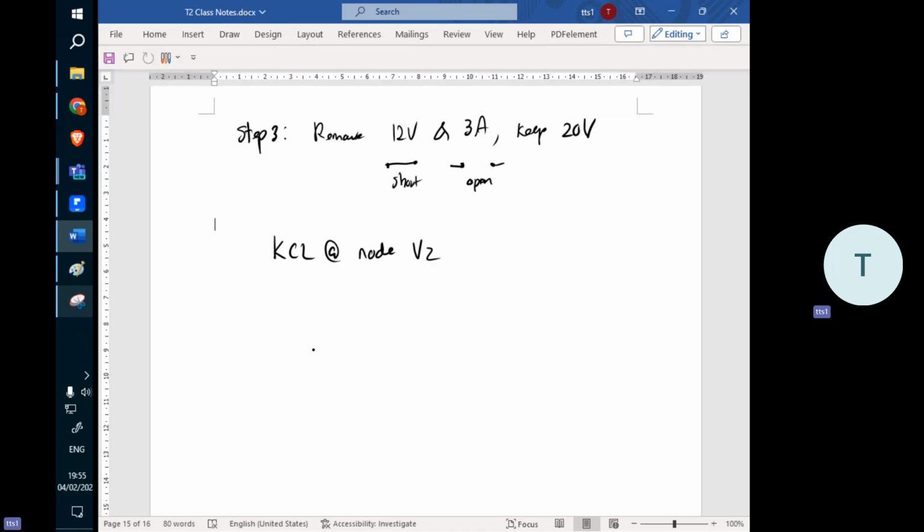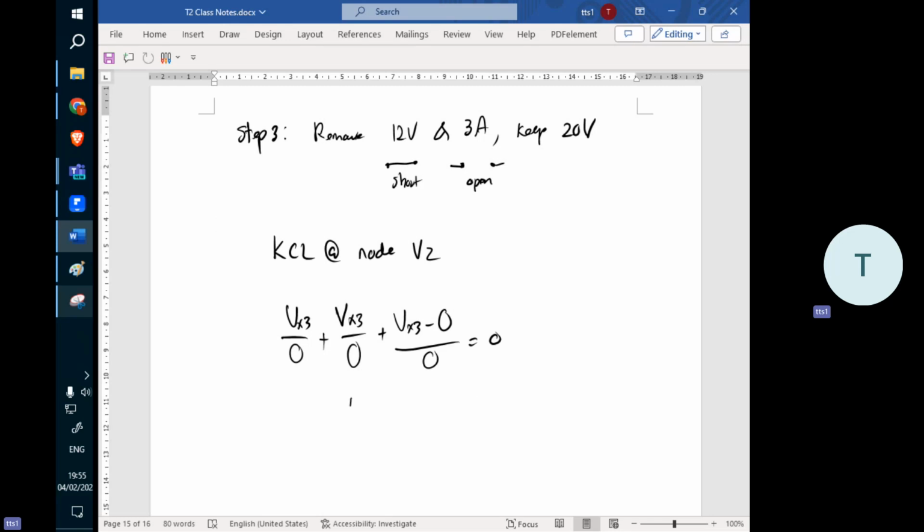After that, you should arrive at Vx3 over something plus Vx3 over something plus Vx3 minus something over something equal to 0. So this is the equation for the KCL at V2.